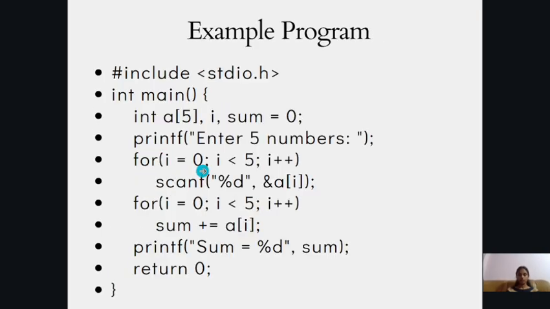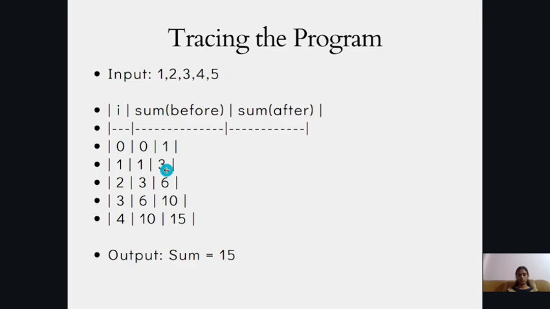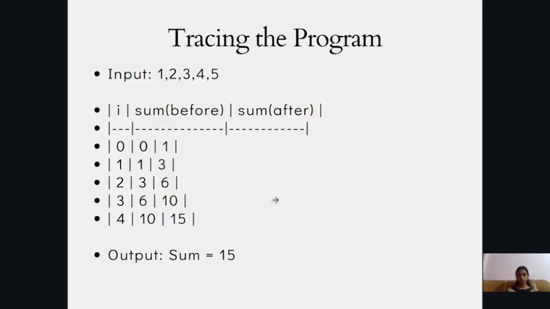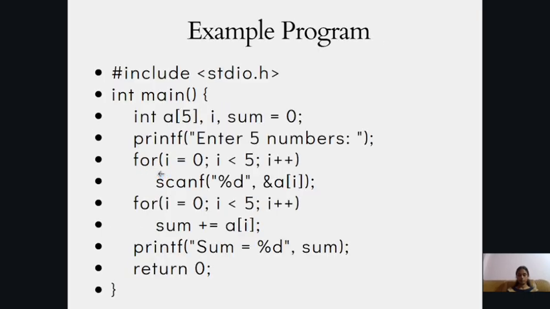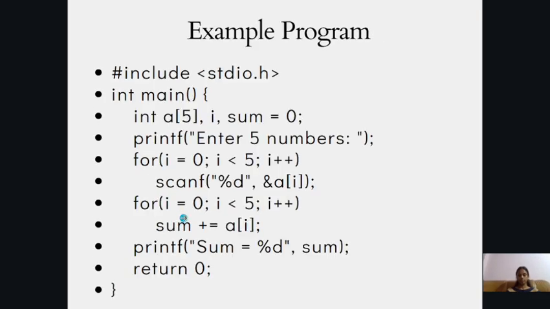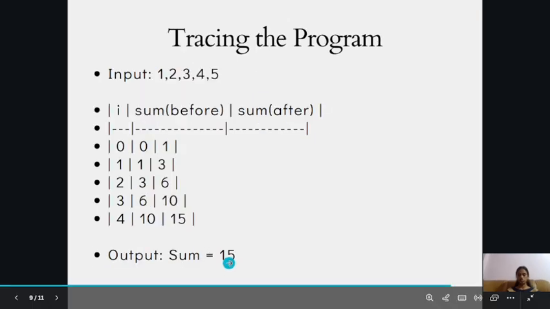Then i becomes 1, the loop condition is true, so it enters the loop. Sum is equal to sum plus a of i. So this tracing continues until the loop becomes false, and the output prints sum is equal to 15.